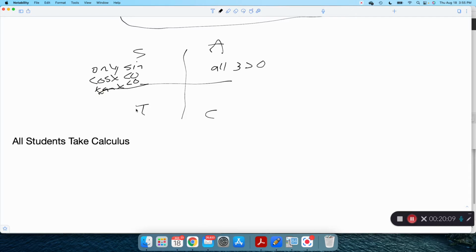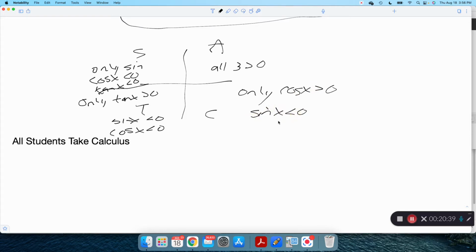In quadrant 3, only tangent is positive, meaning sine and cosine are both negative in quadrant 3. And over here, All Students Take Calculus, C, only cosine is positive. The ASTC tells you who's positive. Only cosine is positive. The other two are both negative.